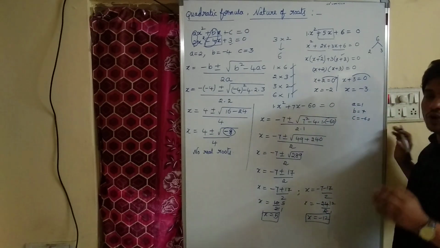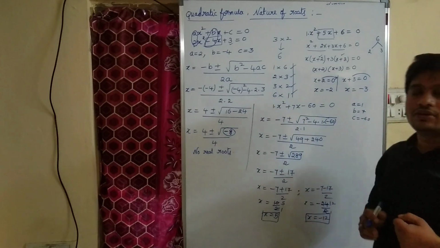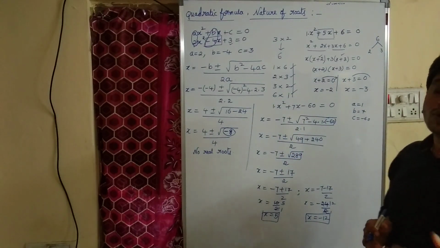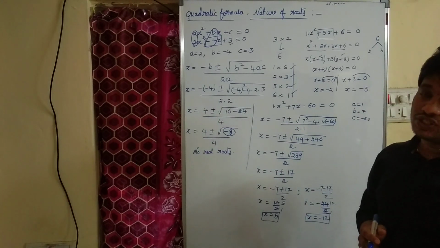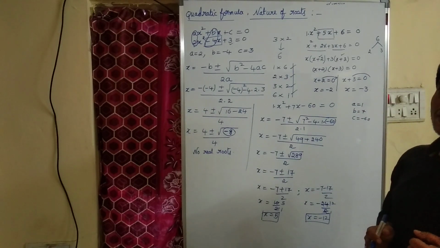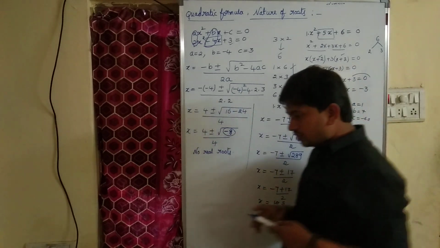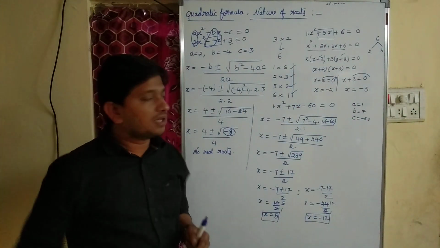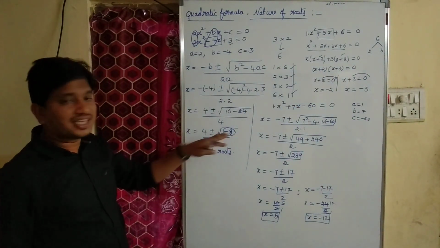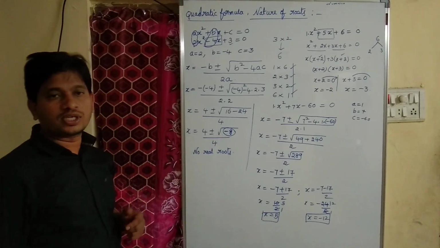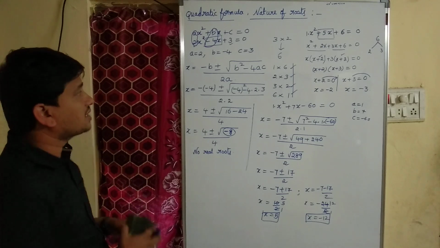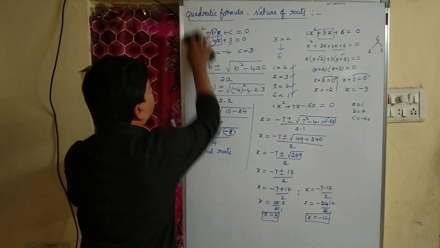Did you understand, children, how to find the roots of the quadratic equation if it is not possible to find the roots by using factorization? Okay? So now let us see. Here is the case why we cannot find the roots. Okay? About that we will discuss. That is called as nature of roots.